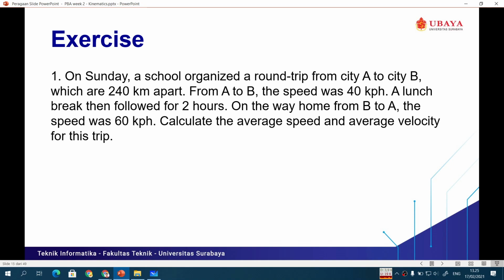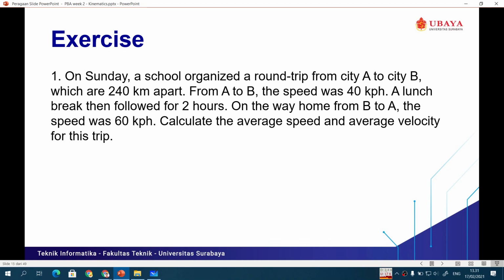Please calculate the average speed and average velocity for this trip. Again, if you have difficulty differentiating between average speed and average velocity, it is wise to draw a diagram representing the movement of the case. I'll give you some time to think about this exercise, then later we will discuss it.